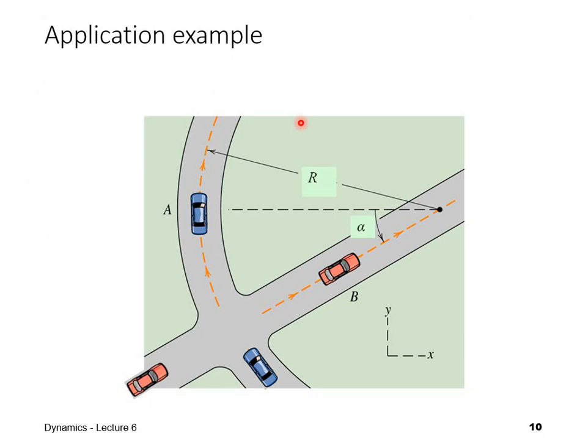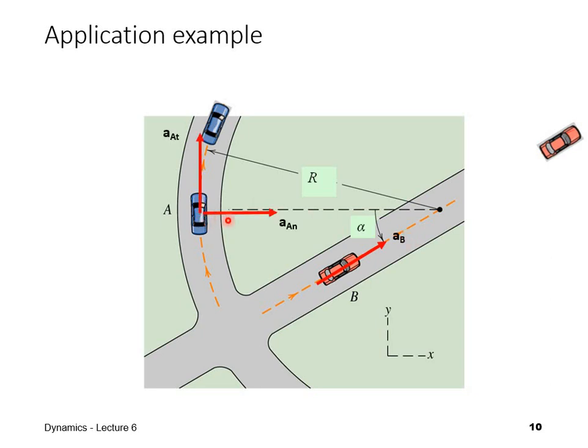This is another example of a red car moving in a straight line, while a blue car is moving on a curved road with a radius of R. So there is an acceleration of the red car AB, and a normal acceleration acting on the blue car directly toward the center of the circumference, and then a tangential acceleration.